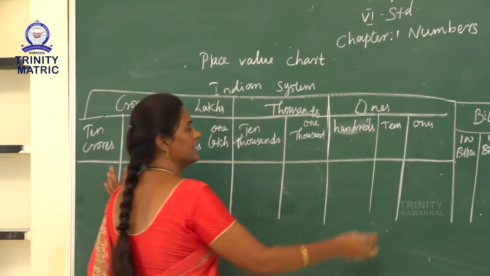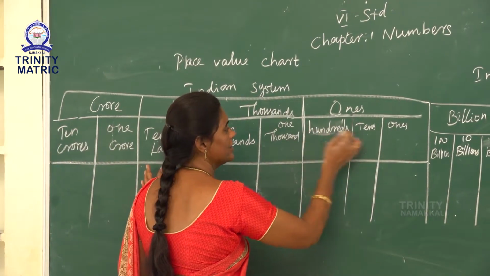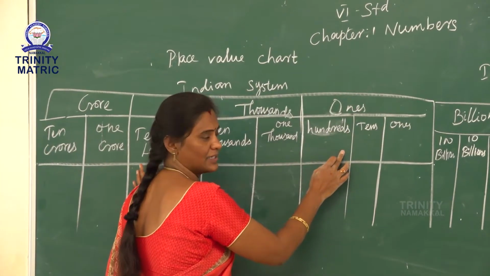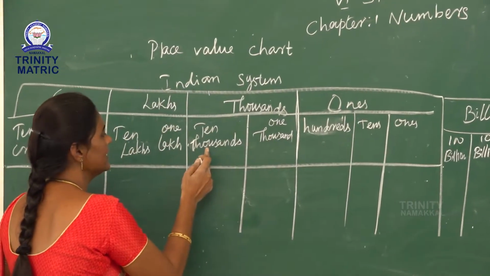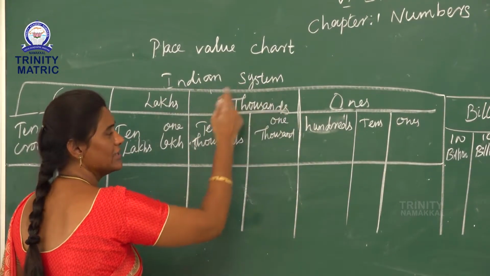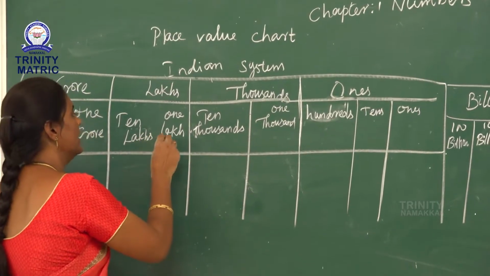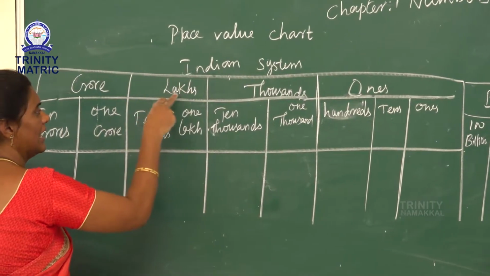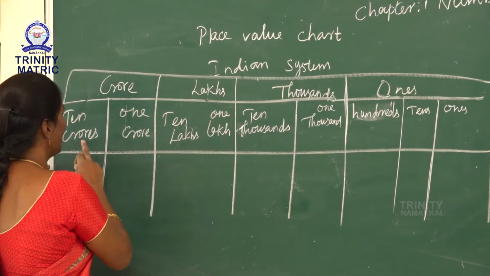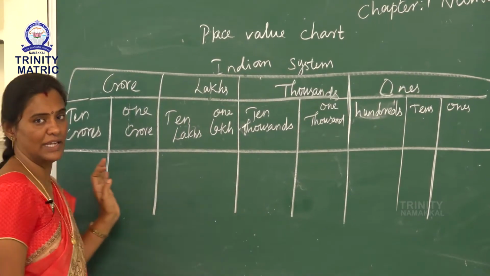Here ones, tens and hundreds are the ones place. Then 1000 and 10,000 are in the thousands place. Then 1 lakh and 10 lakhs are the lakhs place. And 1 crore and 10 crores are the crores place.